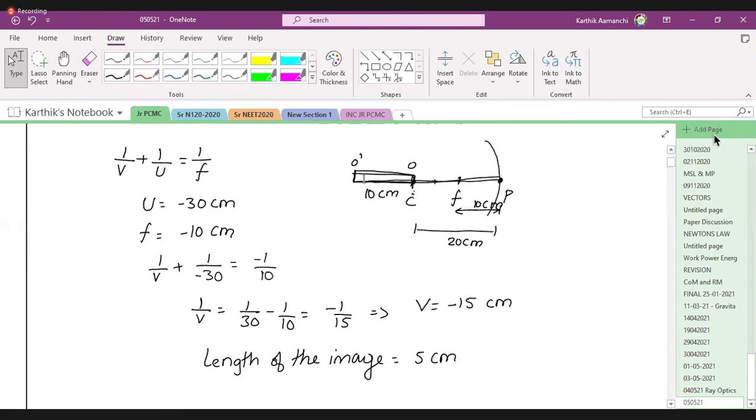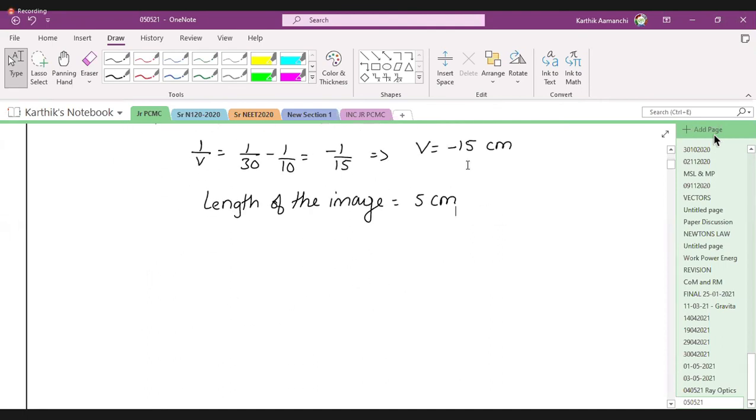Then we will take an area placed in front of a concave mirror. Then what will be the area of the image? Try and change in length and everything and then find area. Those kinds of questions are there. That we will do tomorrow. It's already 11:40 now.